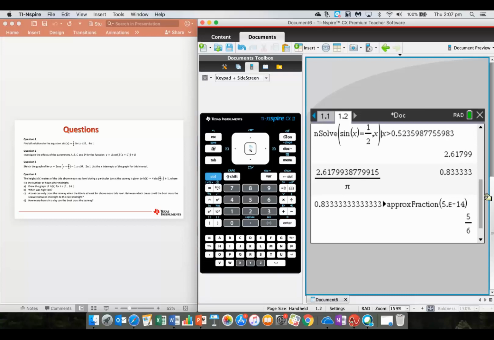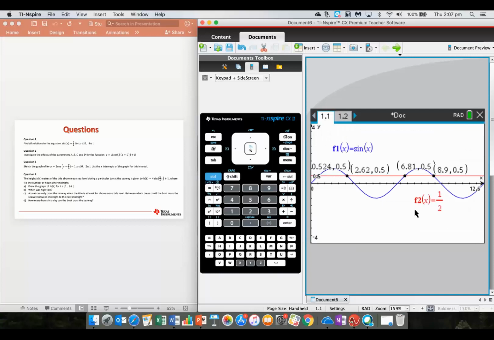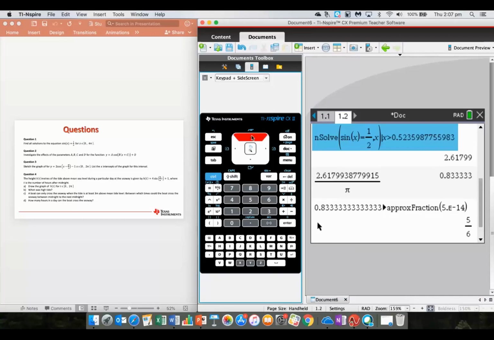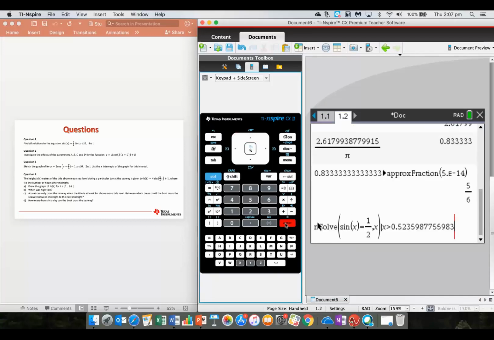So the value of numerical solve is that we can generate our solution in exact form by using this strategy. The graph tells me that there's actually 4 solutions, so I shouldn't really stop yet. I should keep going. So up arrow, copy my equation, get rid of that value because I want the next one, so I need the next biggest value.